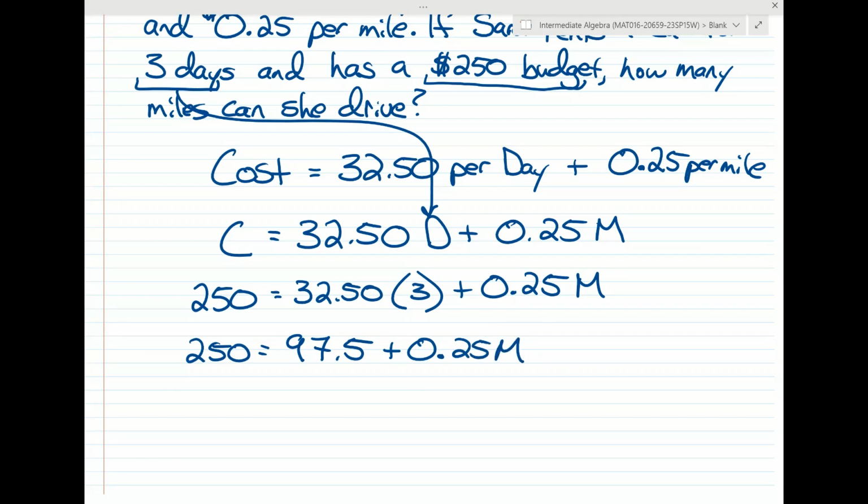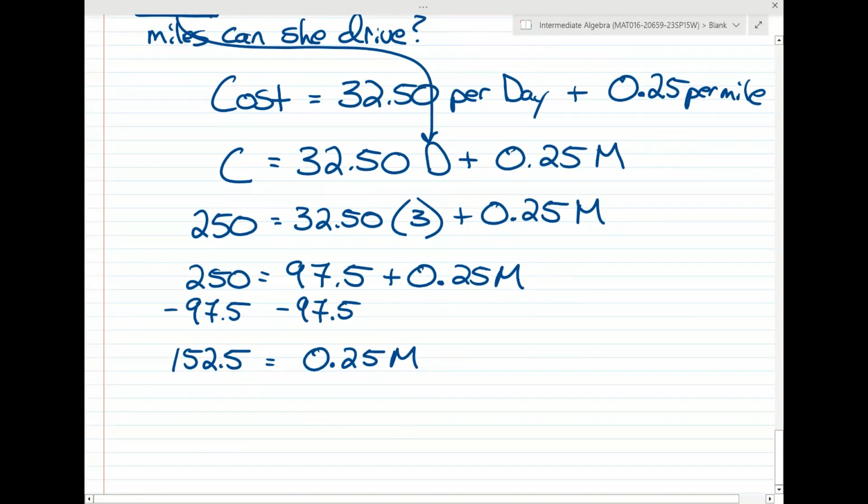And then we want to get M by itself. So just like in other equations, it doesn't have to be on the left side. I mean, it might make our life a little easier to just subtract the 97.50. Then we want to get M by itself, and right now it has 0.25 in front.